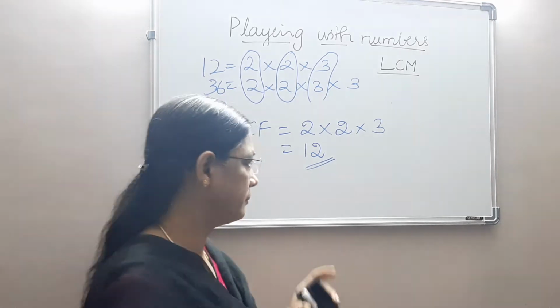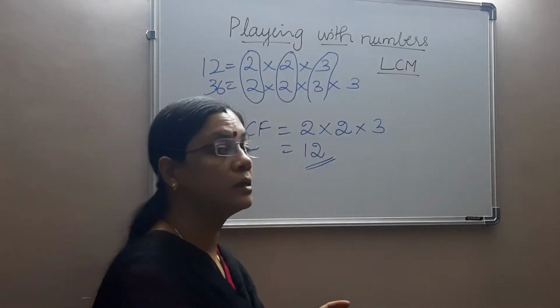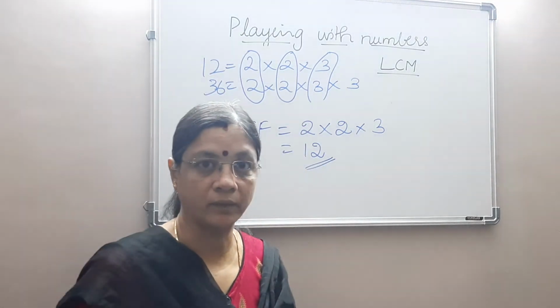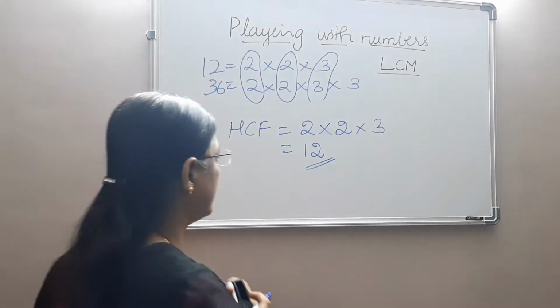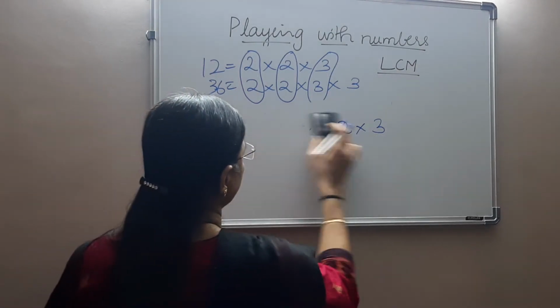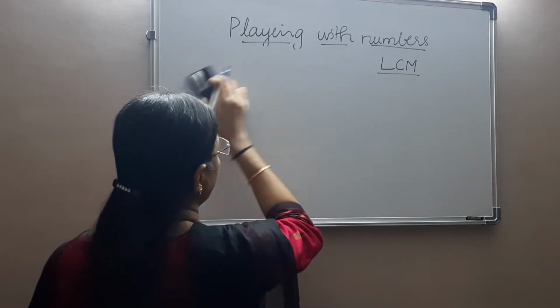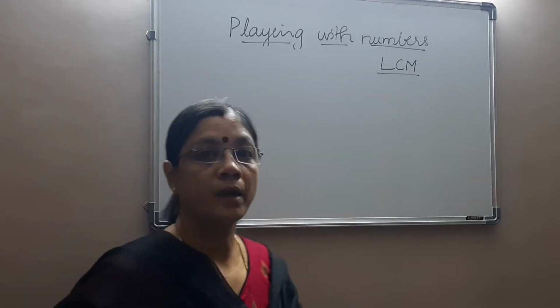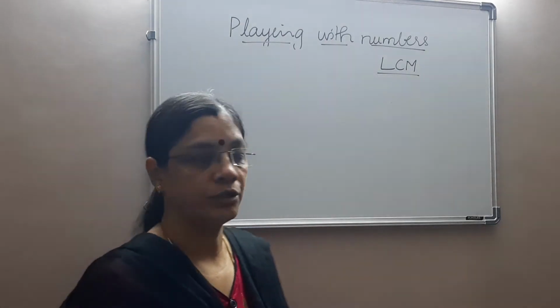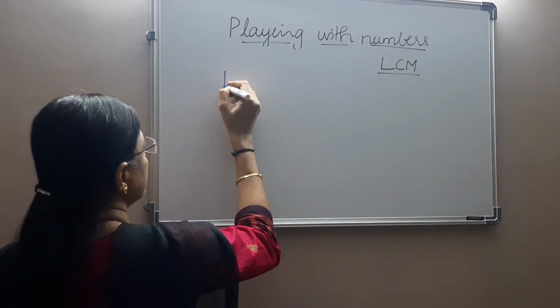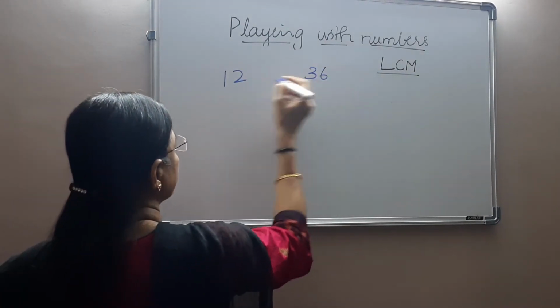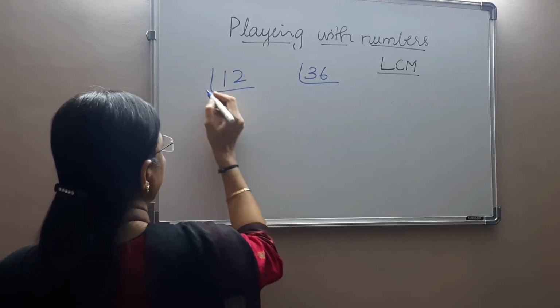So this is by finding prime factors through the factor tree method. Okay, that is called the factor tree method. By taking the same numbers 12 and 36, I will tell you how to find the prime factors by the long division method. See, 12 and 36, I am finding out prime factors.